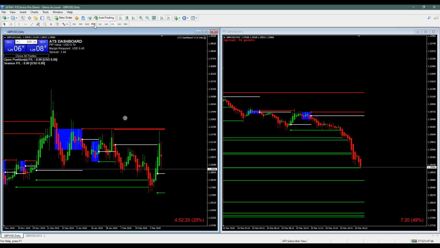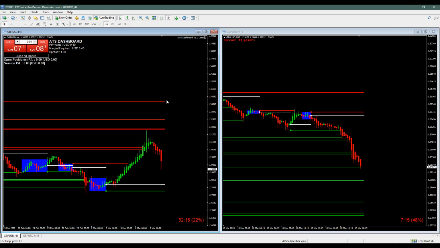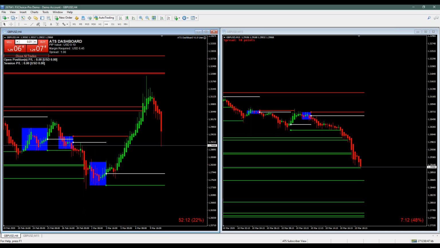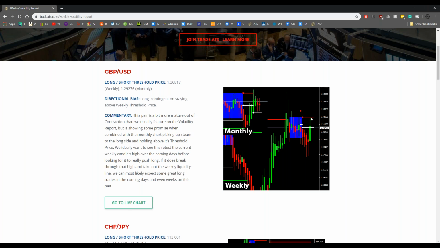Anyways, let's take a look at a smaller time frame on this real quick. Yeah, so in the volatility report, we were talking about how it was headed up towards a liquidity line and we weren't able to get through that. That's always an indication that the market is going to be running in one direction when it gets real close to a liquidity line and then backs off of it going the other direction. If you look at most trending markets, you'll notice it's got a bias towards taking out one side.